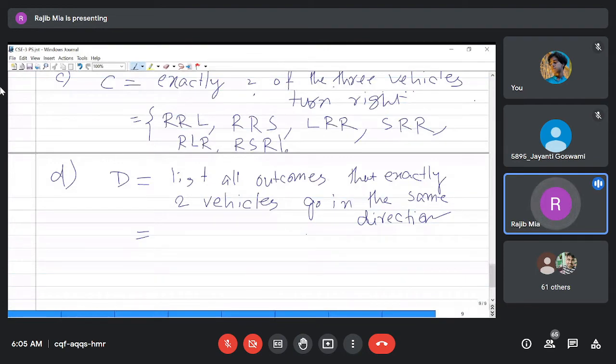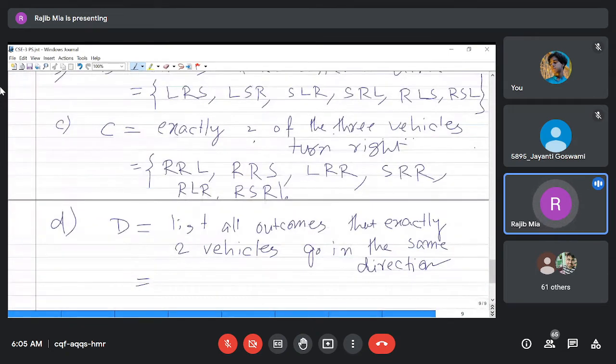So two vehicles go in the same direction, and the same direction may be right, left, or straight. For right, we have already seen in part C that exactly two of the three vehicles turning right gives 6 outcomes. Similarly for straight there will be 6 outcomes, and for left also 6. The total is 18 outcomes.